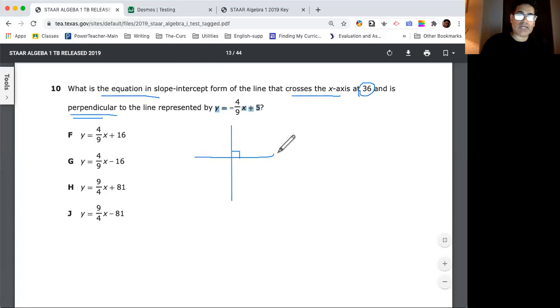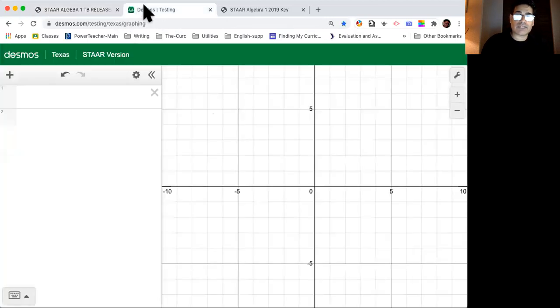Okay, so when we plot these lines, one of them is going to perfectly hit this other line, which is here in your equation. So let's start by putting that into Desmos. Calling on Desmos again.